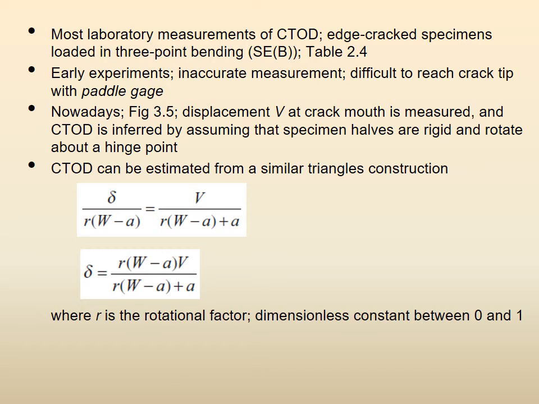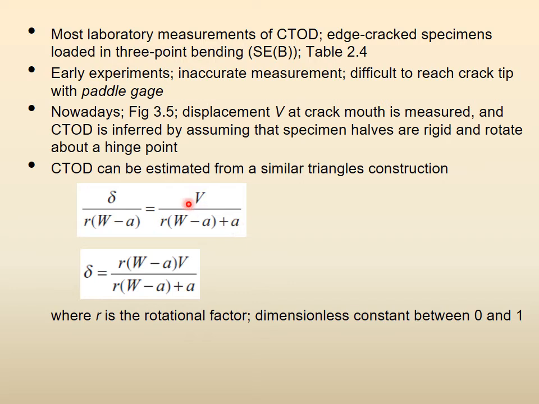So the hinge is what you rotate on. We will see the figure, but then the CTOD can be estimated from similar triangles. You construct similar triangles on that figure, and then you will see that delta, the CTOD, upon r(W minus a) is equal to V upon r(W minus a) plus a.